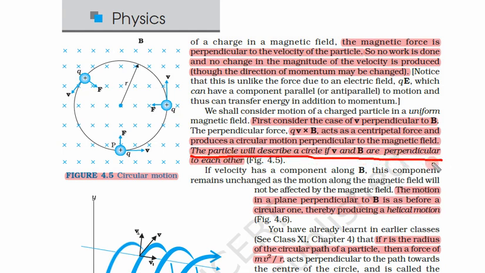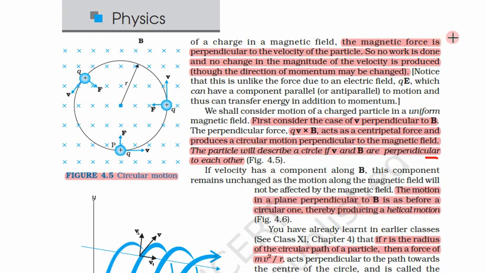This is the direction of the magnetic field, this is the direction of particle movement, and it will describe a circle, and the circle is perpendicular to this magnetic field. But remember, this is only a special case when V and B are perpendicular, that means theta is equal to 90 degrees. The angle between them must be 90 degrees.